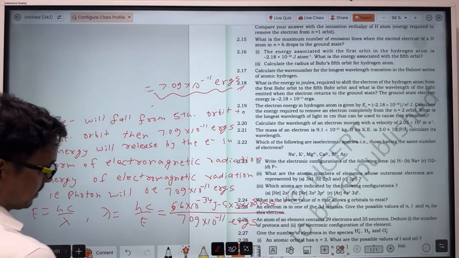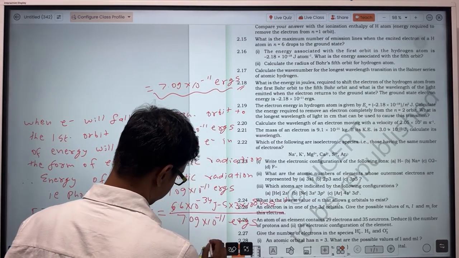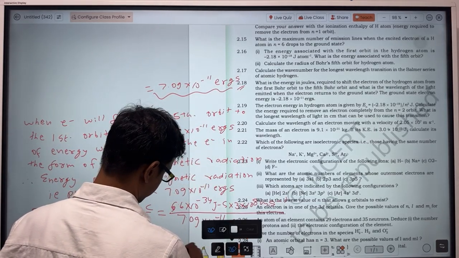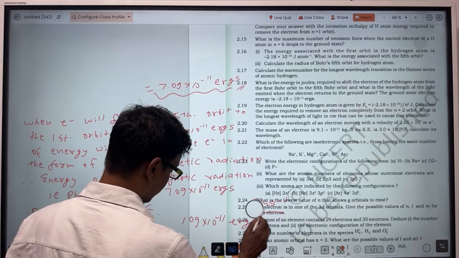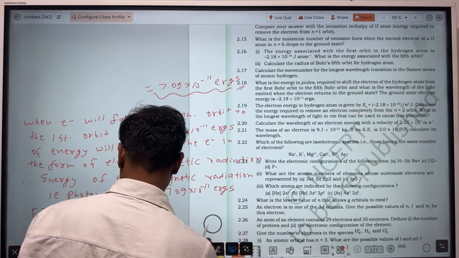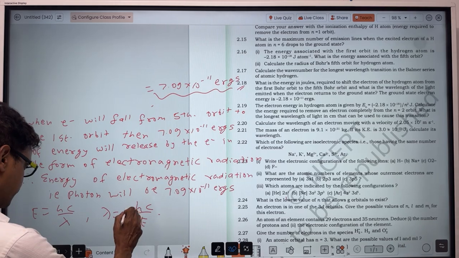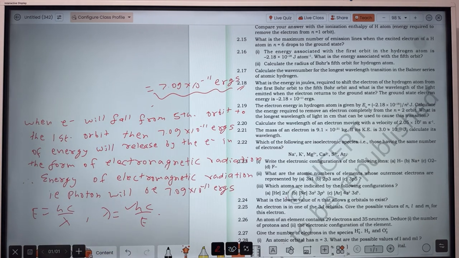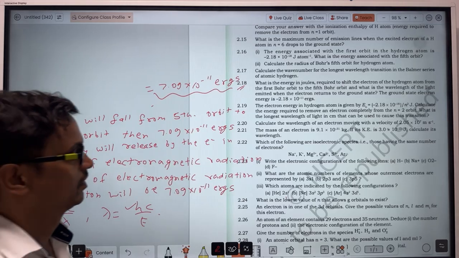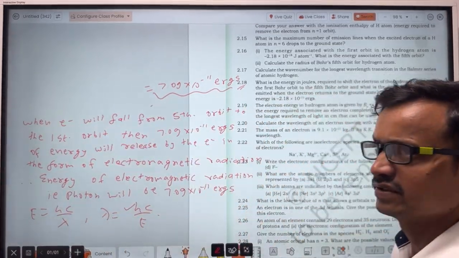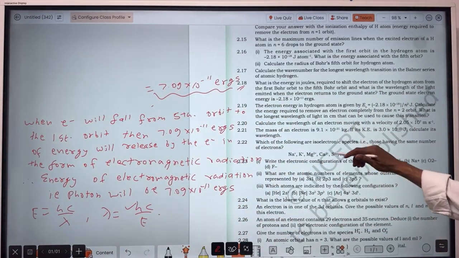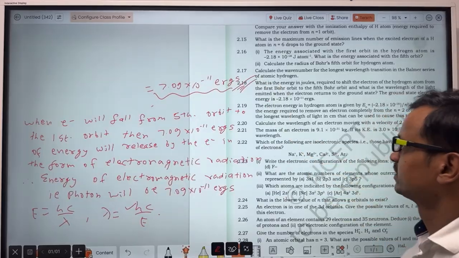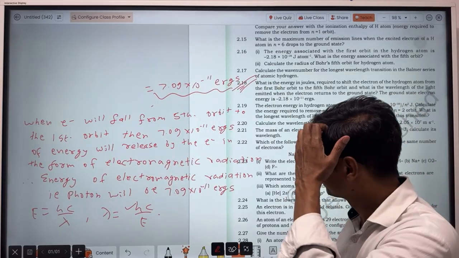Oh, sorry, here not joule second. Here you have to convert to ergs per second. So you have to take care that the value of h is converted to ergs per second. Okay, and the relationship between joule and ergs you already know. So in this way this question could be solved very easily.